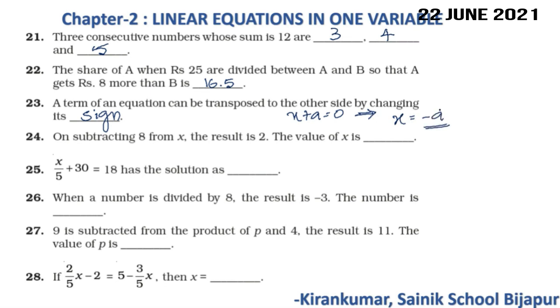The positive a has become negative a. Question 24. On subtracting 8 from x, the result is 2. The value of x is. On subtracting 8 from x, the result is 2. So the value of x will be positive 10.